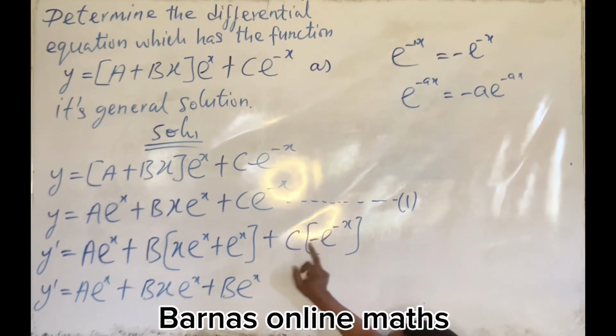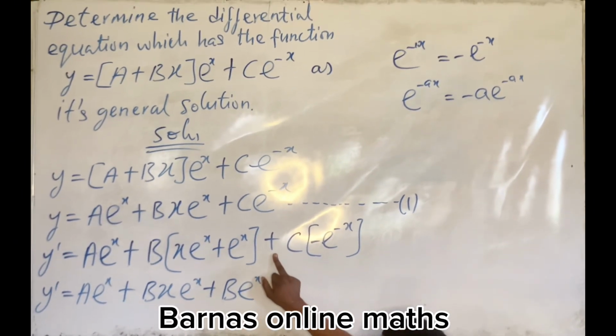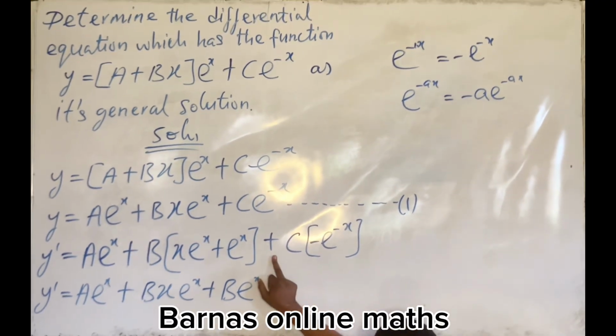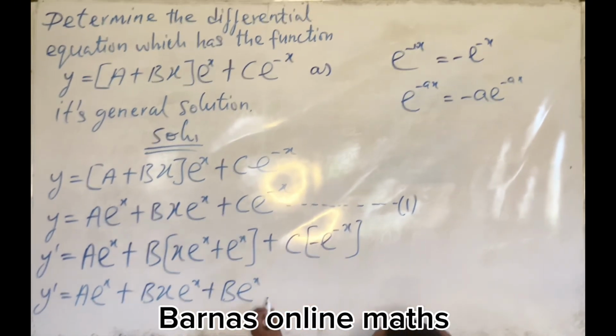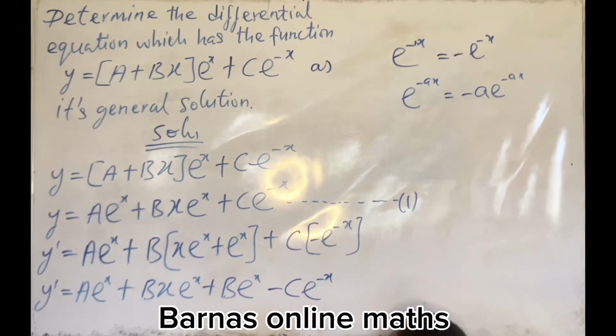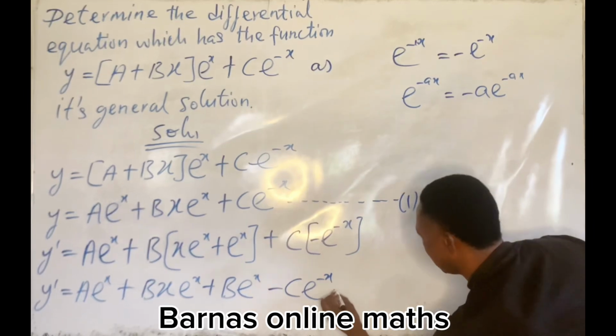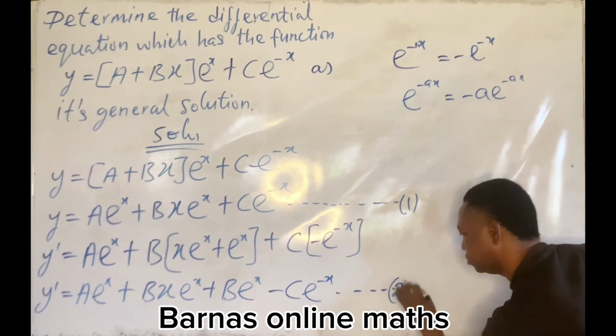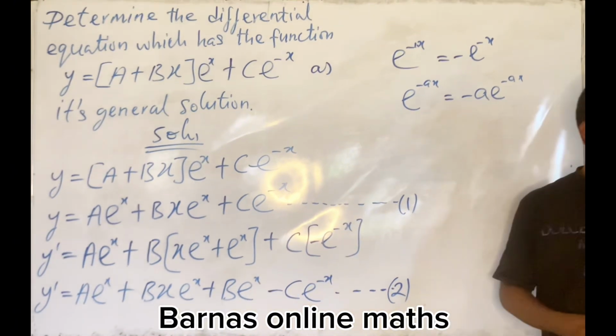Then this minus will affect this plus to be negative. So I'm going to have this to be minus c e to the power minus x. Let's call this equation 2. Okay?